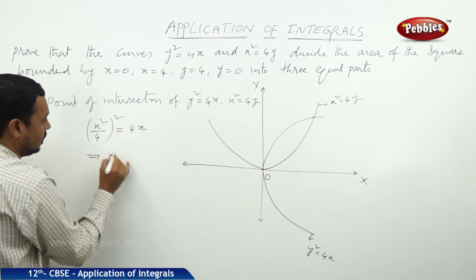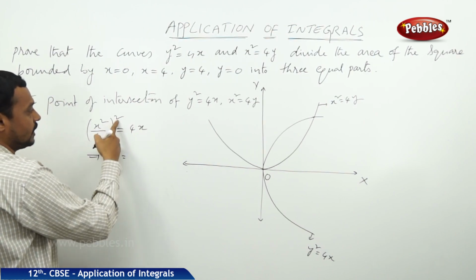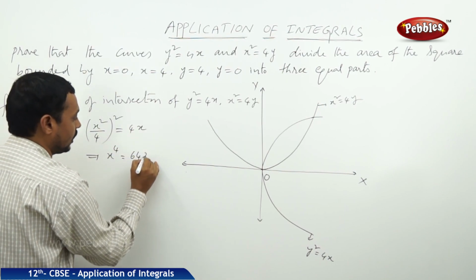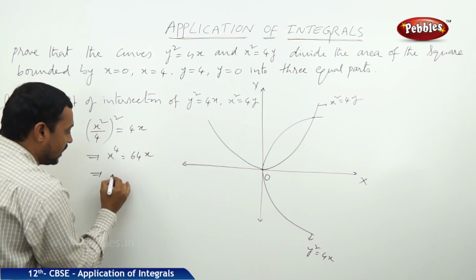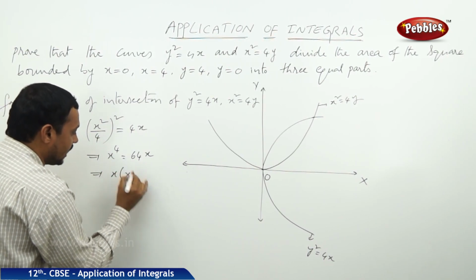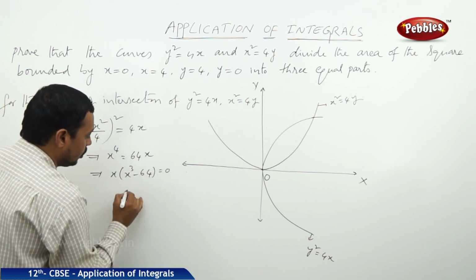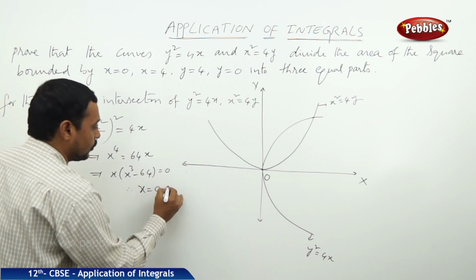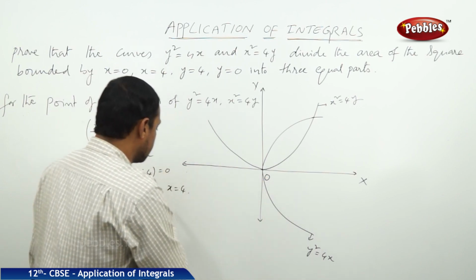That implies x power 4 by 16 is equal to 4x. On cross multiplying, x power 4 is equal to 64x. Now move this term to the left side and take x common: x into x cube minus 64 is equal to 0. Therefore x is equal to 0, or x cube is equal to 64, that is x is equal to 4.